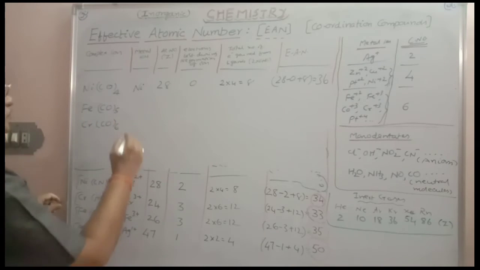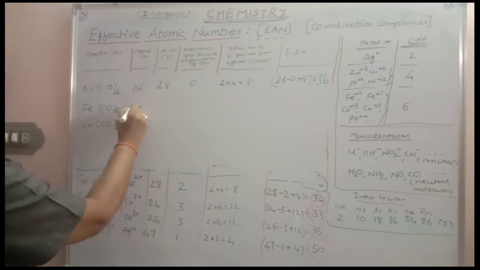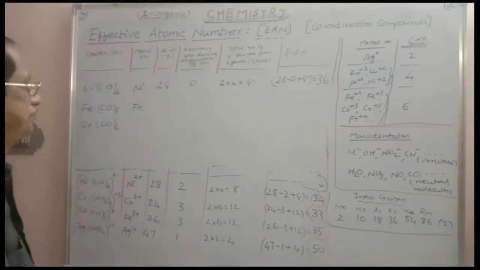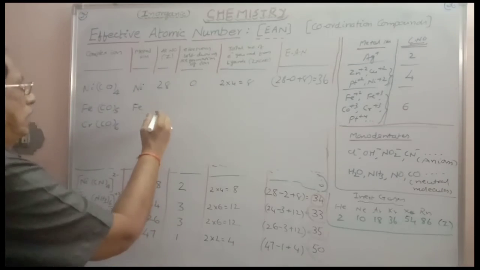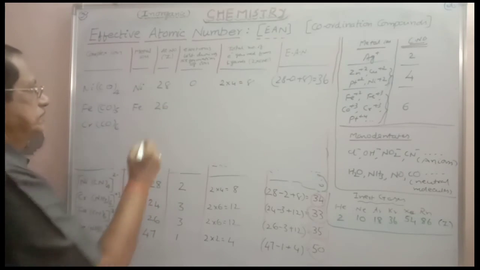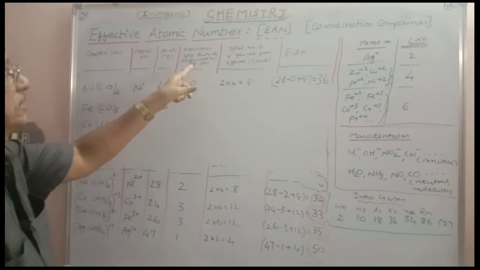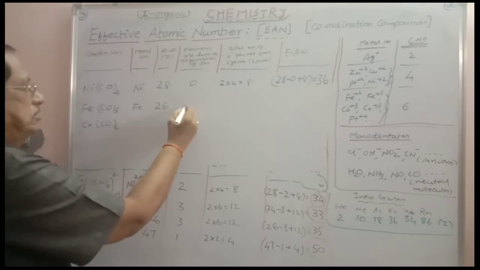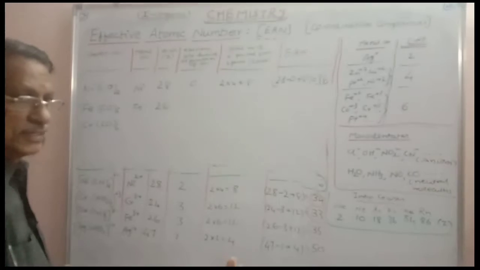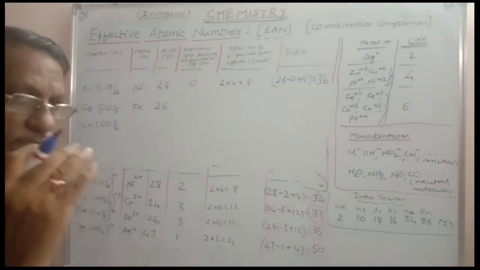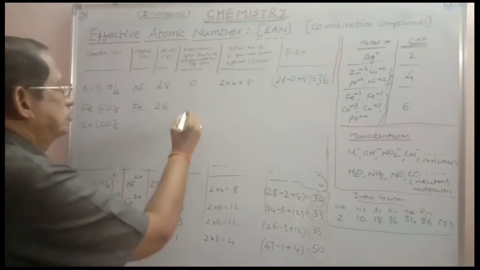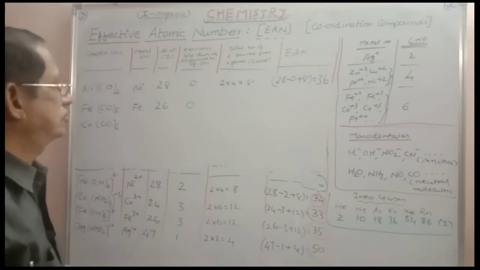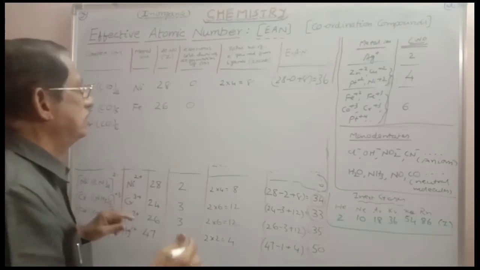Similarly, iron, Fe, oxidation number is 0. Iron, atomic number 26. What are the electrons lost? As the oxidation state of the metal in metal carbonyls is equal to 0, no electrons are lost. What is the coordination number here? 5.